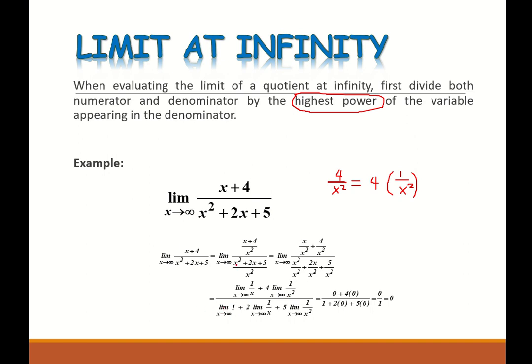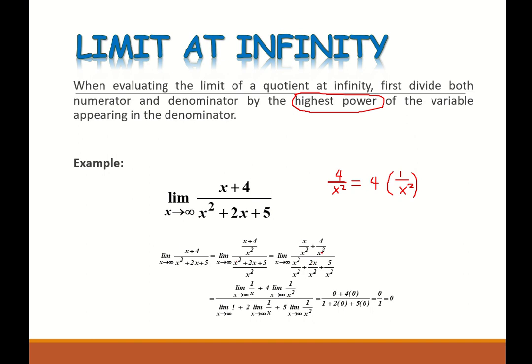Then do the same in the denominator. So we have the limit of x squared divided by x squared, which would be 1. So the limit of 1 as x approaches infinity. Then plus 2x divided by x squared.